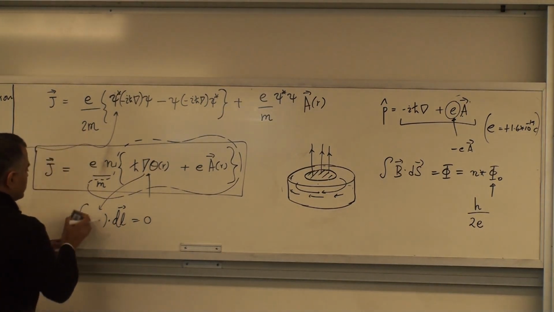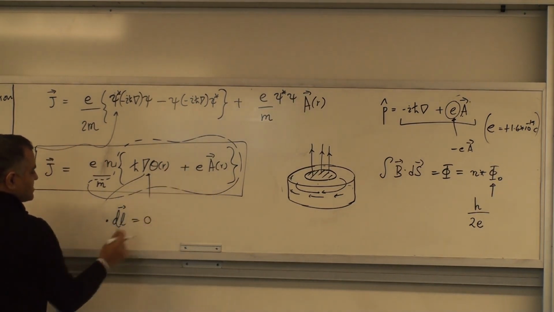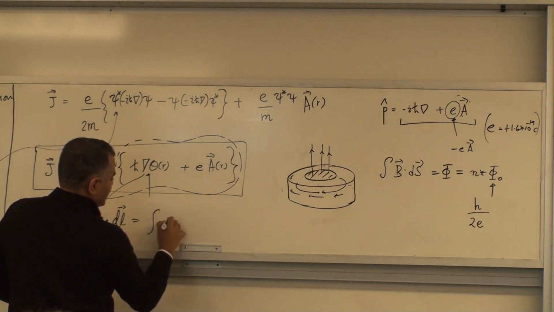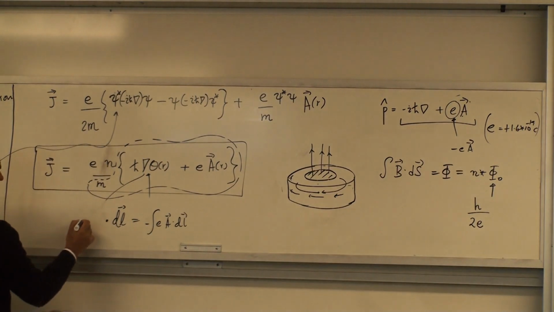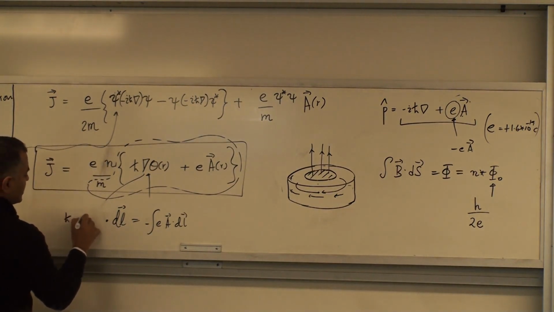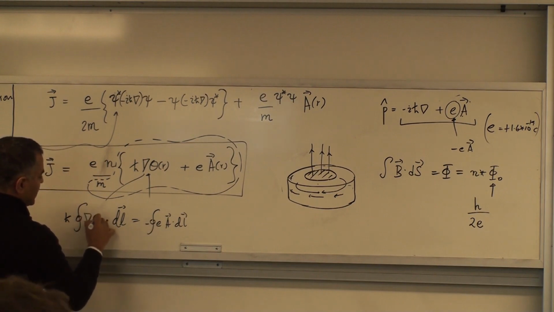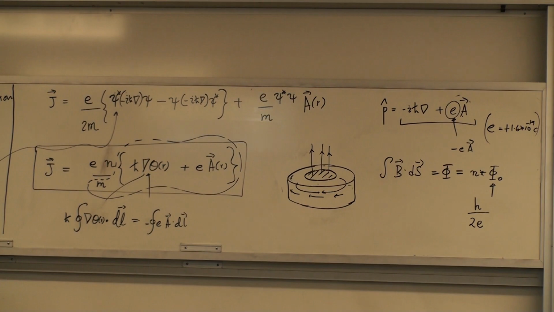From here, you can write, the sign convention is a little unfortunate, but that's all right, the integral of e A dot dl, there'll be a minus sign here but that doesn't matter really, plus h bar times the closed loop integral of the gradient of the phase dl, must be equal to that.